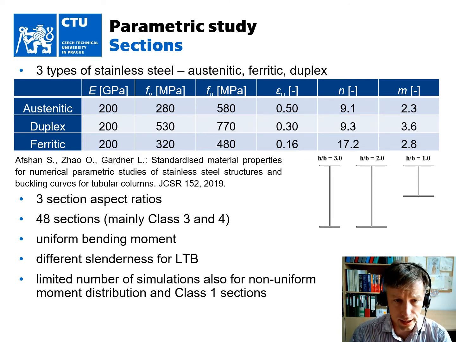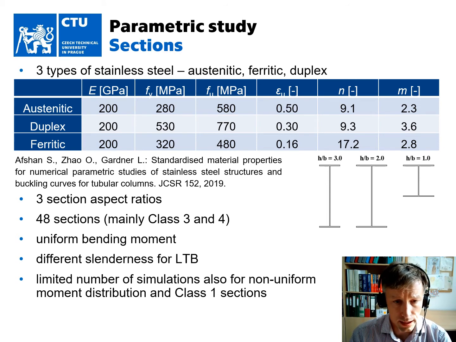The parametric study covered all the three common types of stainless steel, so austenitic, ferritic, and duplex. The material properties were considered as sort of average for this type of product by the recommendation of Afshan, Zhao, and Gardner.